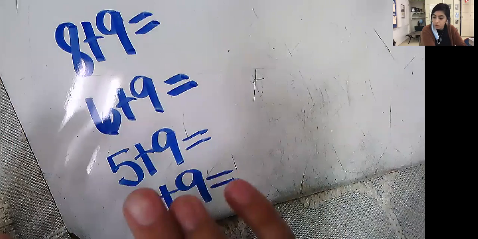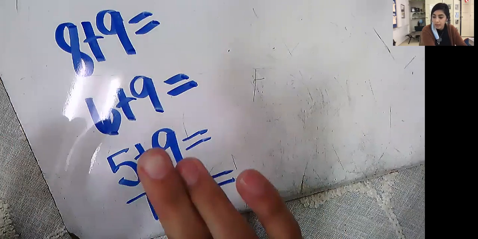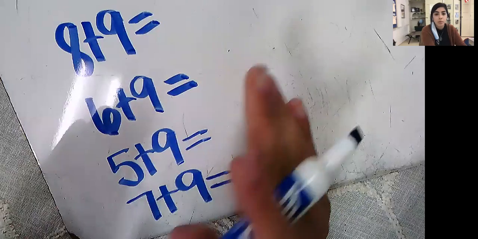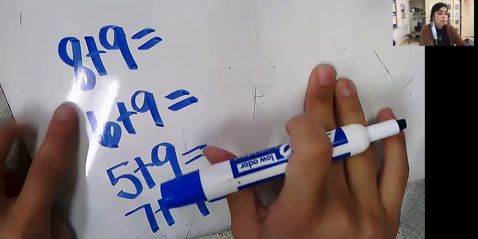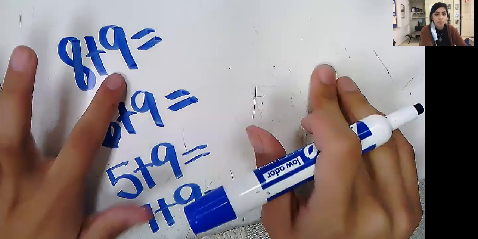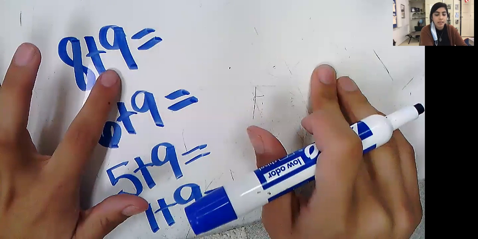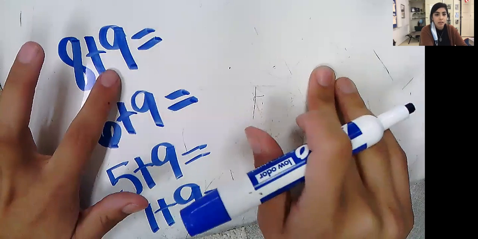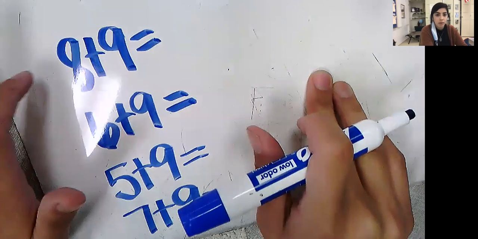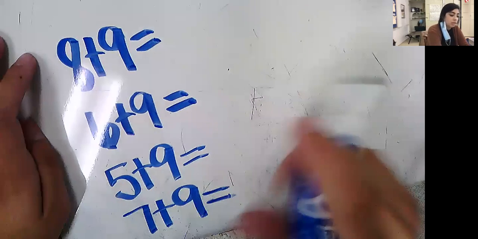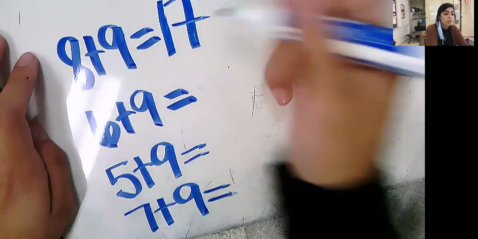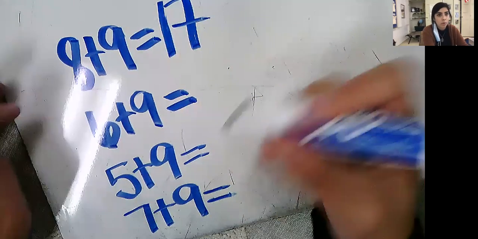So these answers are almost the same as adding 10, except the answers are always 1 less. So what would be 8 plus 10? 8 plus 10 is 18 minus 1, 17. So all of these answers are almost like if you add 10, but then you take 1 away.